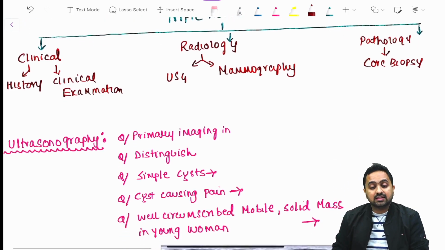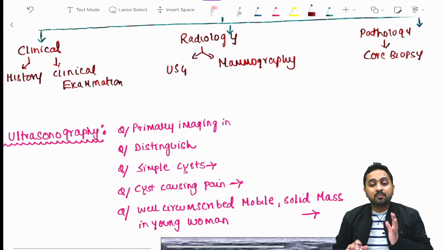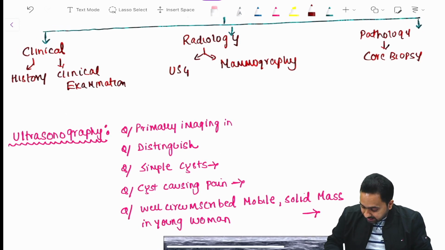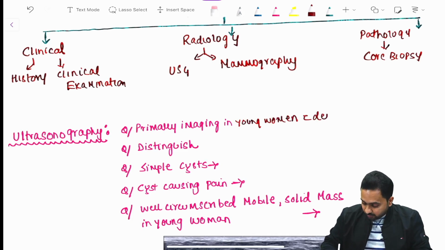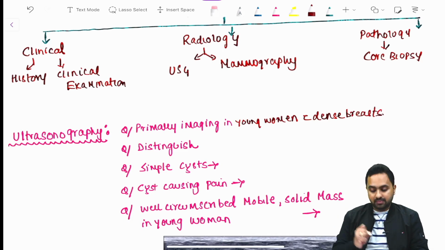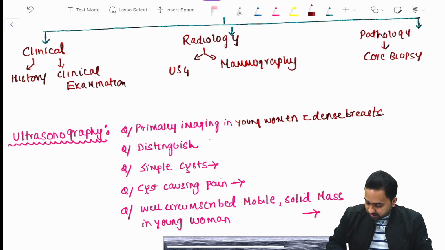So first, the ultrasonography. It is your primary imaging modality in your young woman with dense breast, where mammography may not give you the best results sometimes. It distinguishes your solid from cystic lesions.